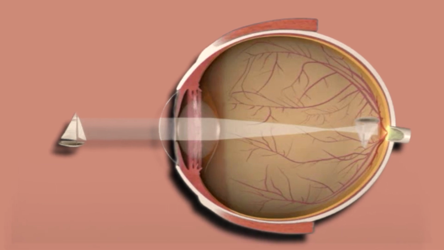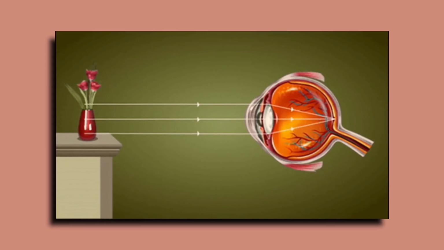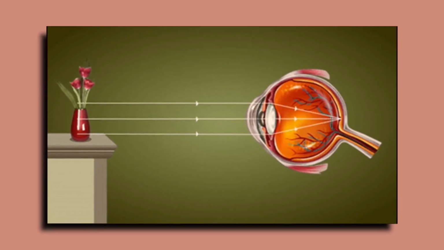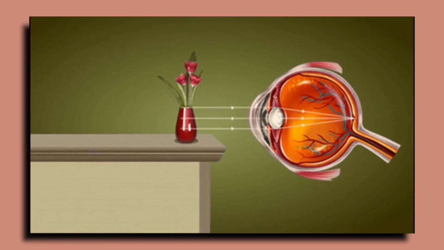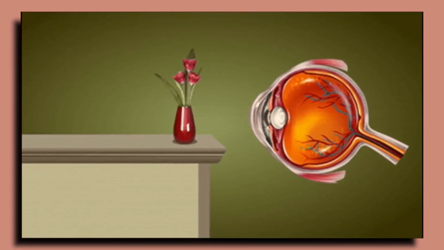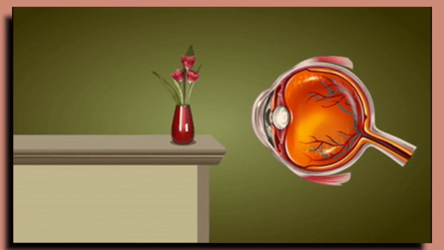That means seeing things closer is possible and seeing things far away is a problem. It is called myopia. There's something called long-sightedness or hyperopia. That means seeing things far away is possible and seeing things nearby is a problem. That is difficulty seeing near objects.